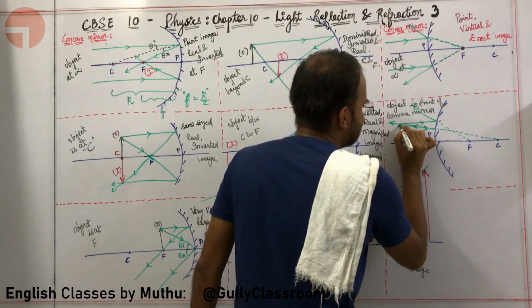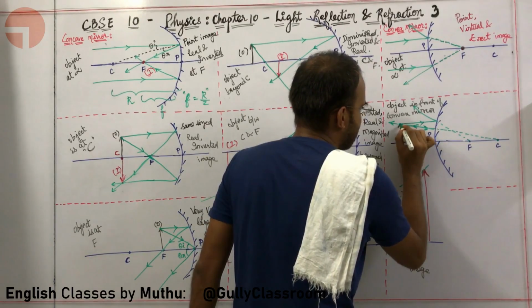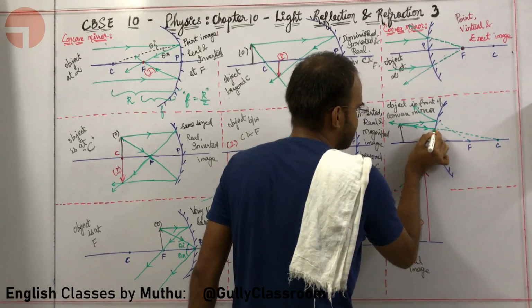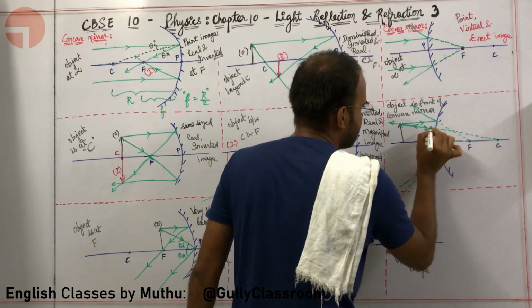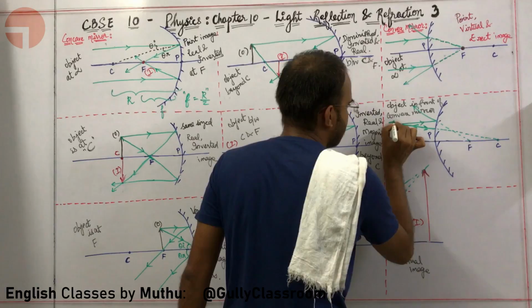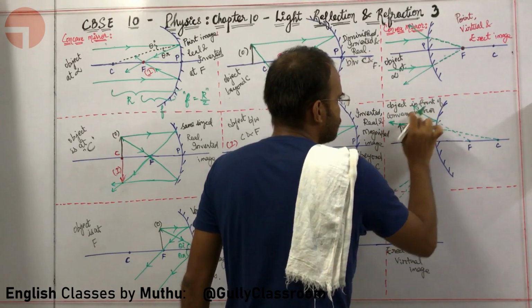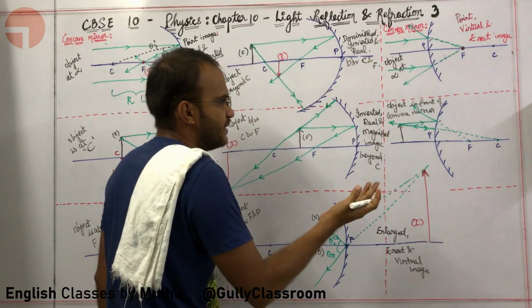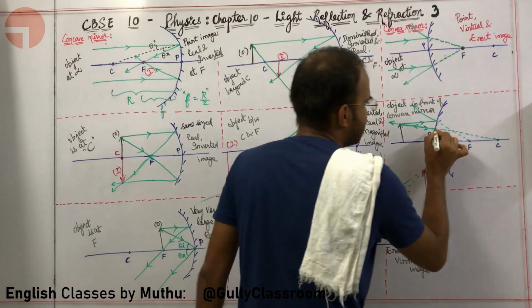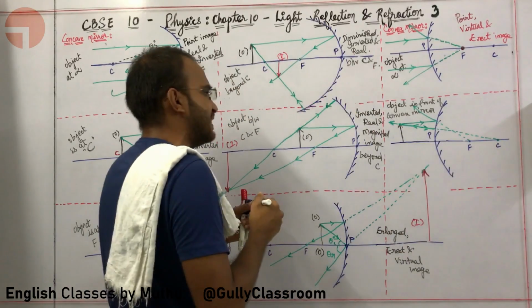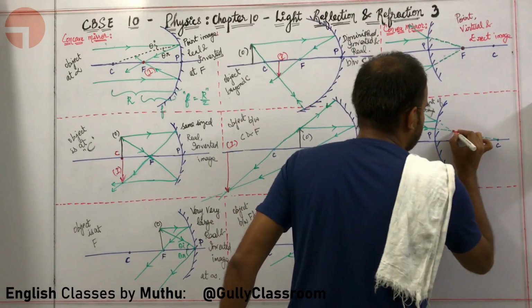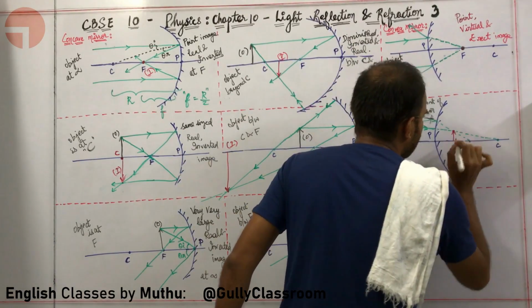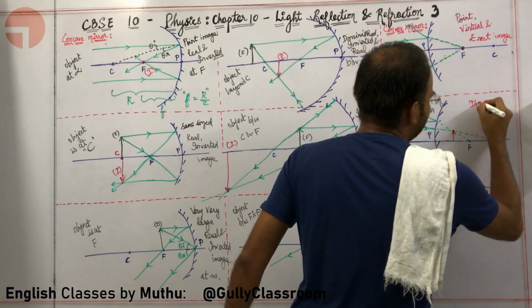Look here. So the light ray is starting here, going like this. Since it is going through C, which means the path of the normal, it will be reflected along the same path. These two rays are diverging, which means I need to extend these lines behind the mirror. If I extend the lines behind the mirror, they meet at a point between P and F. So between P and F, I am getting a diminished, virtual and erect image.